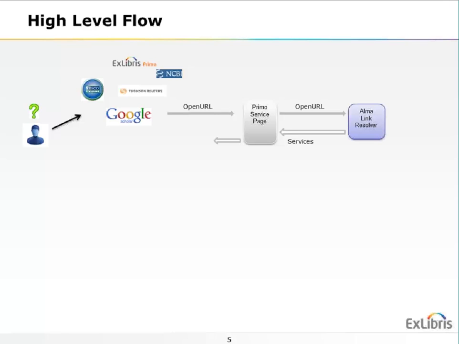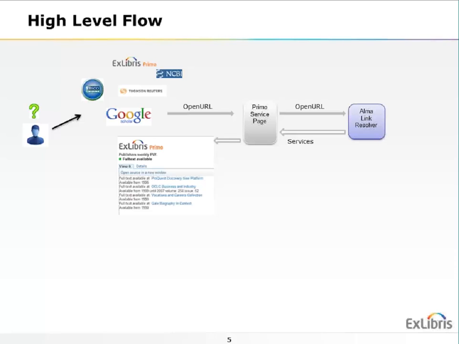In return, the Primo service page creates the UI for the end user, displaying all the relevant services. So what you see here is the Primo service page service menu, showing all the available services for the specific citation that the user searched for in an external database.